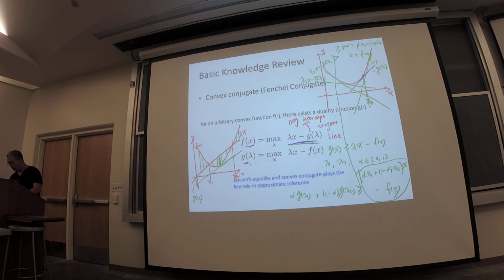What does it do? According to the definition here, if you take the maximum of the right hand side with respect to x, you end up with g of alpha lambda 1 plus 1 minus alpha lambda 2. So now you have proved g lambda is convex. And we never made any assumption about fx.